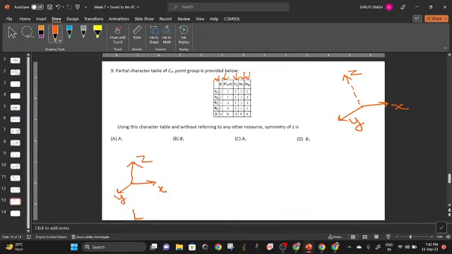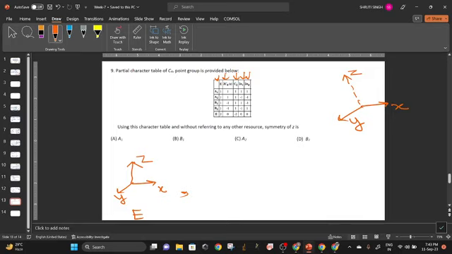Now next will be C4, and C4 is applied along the Z direction. The principal axis is along the Z direction. So when the rotation is along an axis, nothing changes in that axis.